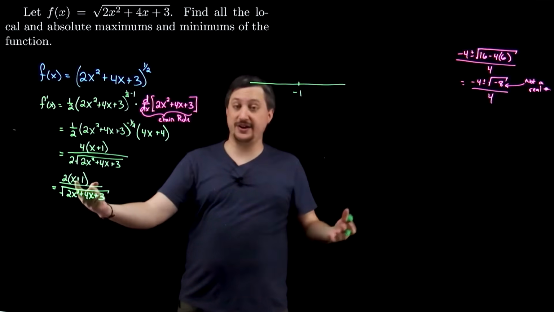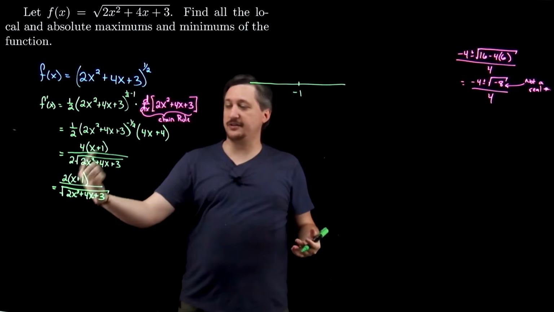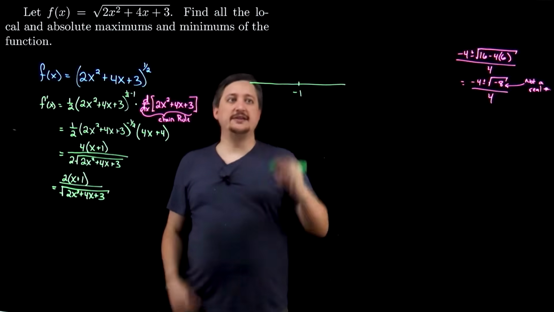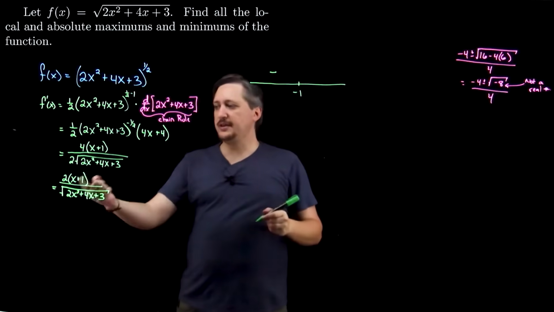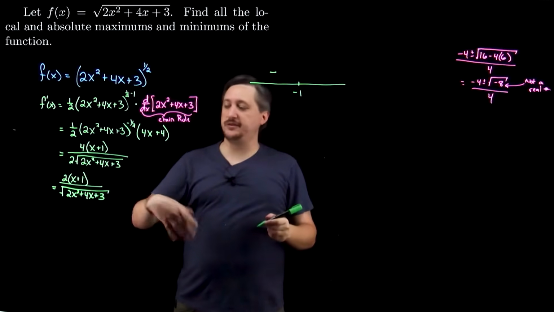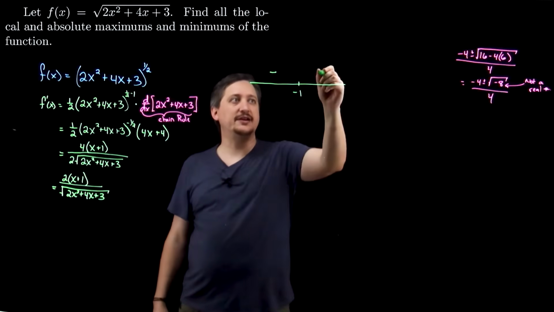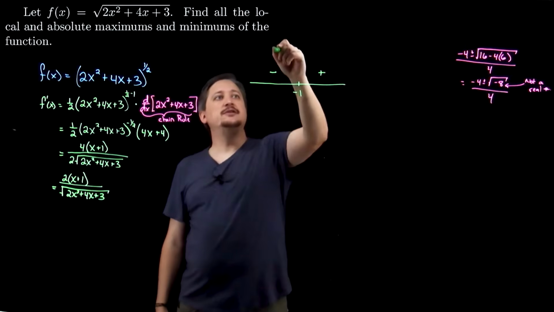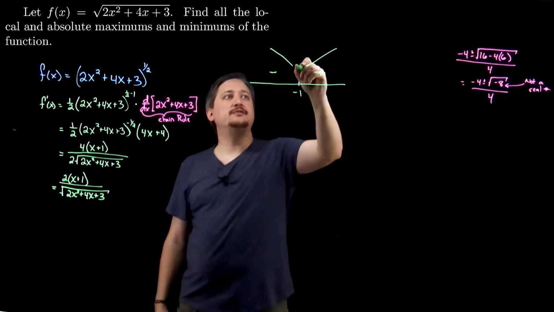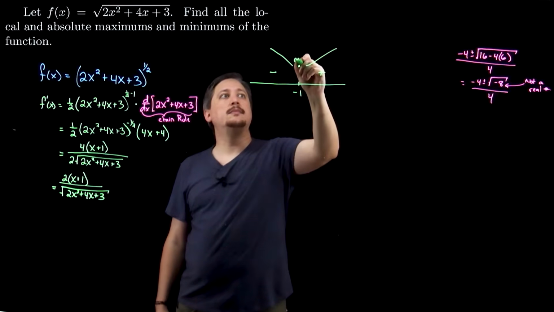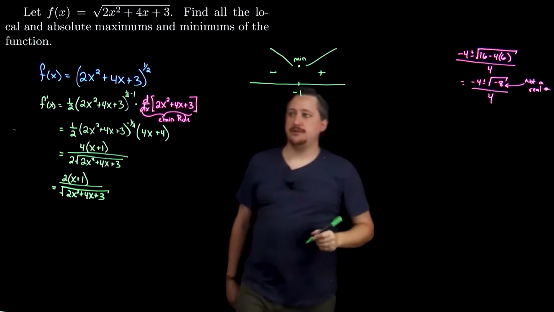If I plug in a giant negative, then the plus 1 does nothing, the times 2 doesn't change the sign, this thing stays negative. If I plug in a giant positive, adding 1 does nothing, multiplying by 2 doesn't change the sign, I stay positive. So I have a negative, then a positive, so this thing has a minimum at negative 1, okay?